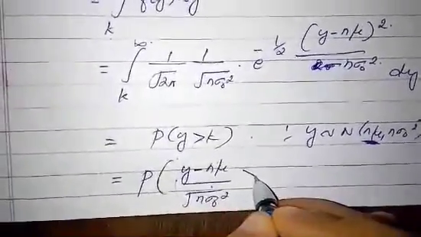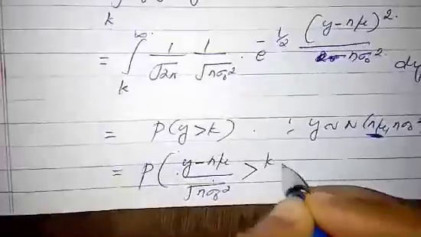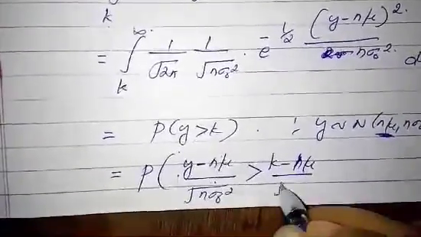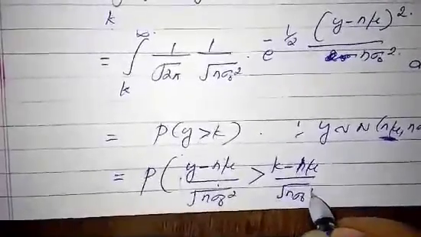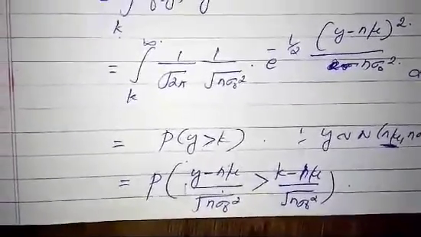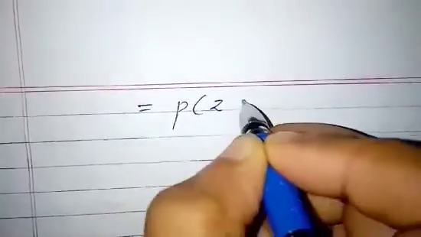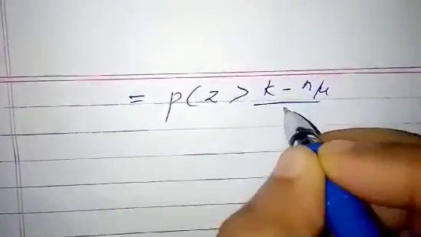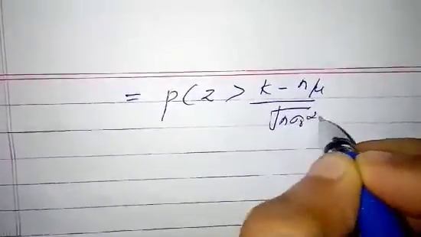So it becomes equal to the probability of z greater than k minus n mu divided by square root of n sigma naught square.